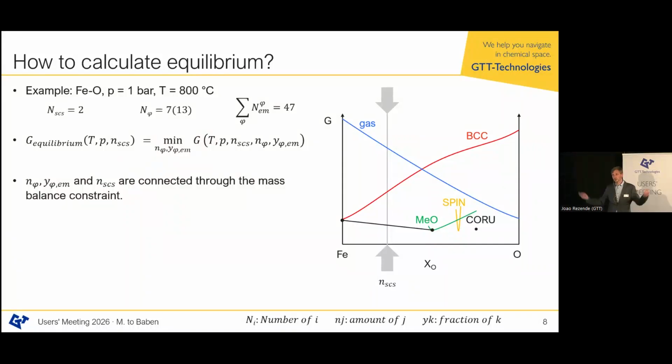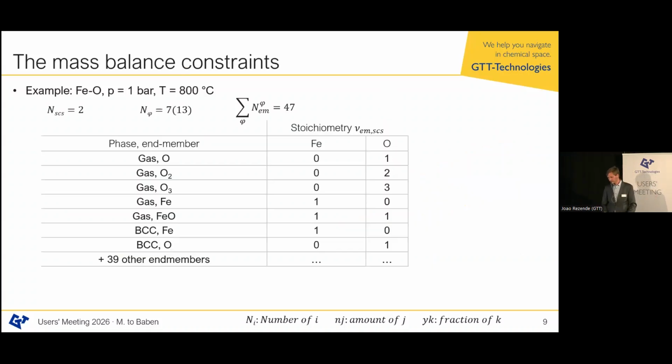Yeah? We can't combine 1 mole of oxygen with 1 mole of Fe2O3 if our system composition has only 20% of oxygen. Yeah? Good. So here is already the feared word, constraint. And it's super simple, right? It's just mass balance.